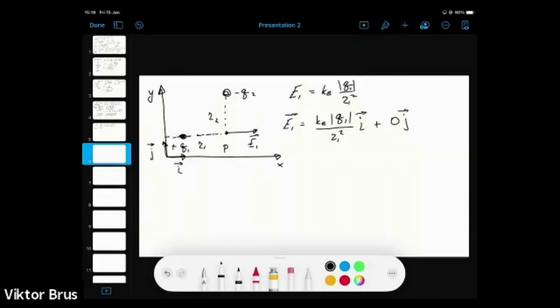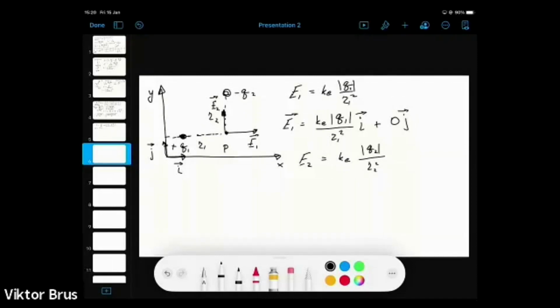So in this case, it will be aligned this way from point P towards the position of the second negative charge. So this we can call the E2 vector. And what will be the magnitude of this vector? E2 equals Ke times the absolute value of Q2 divided by R2 squared.